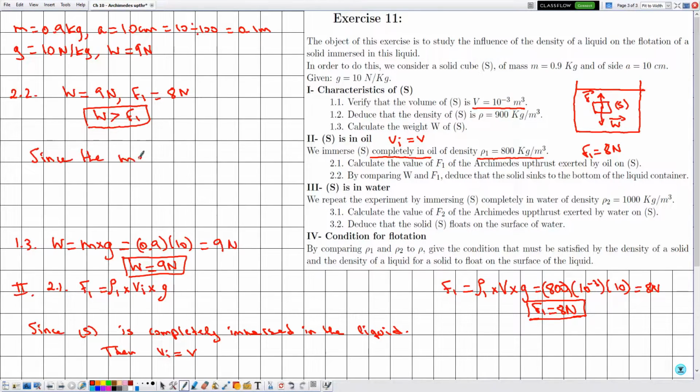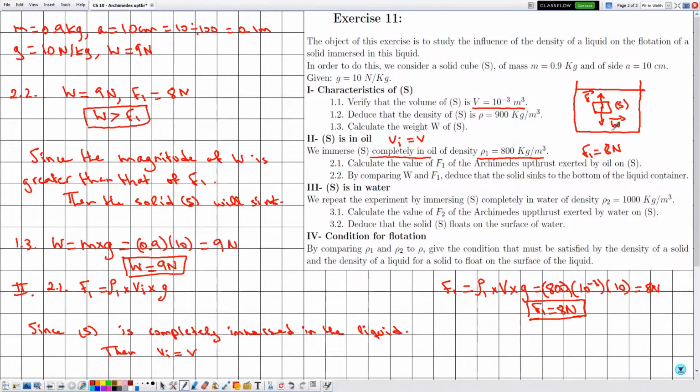So since the magnitude of W is greater than that of F1, then the solid S will sink.